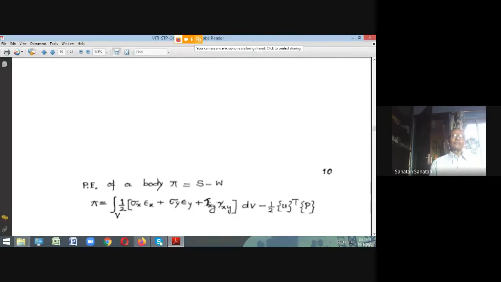Strain energy of deformation is half the product of stress multiplied by strain, and that expression is integrated over the volume of the body so as to get the total strain energy. And finally, potential energy, which we generally talk about, is nothing but the strain energy of deformation minus the work done by the external forces. That's the potential energy which I explained at the end.